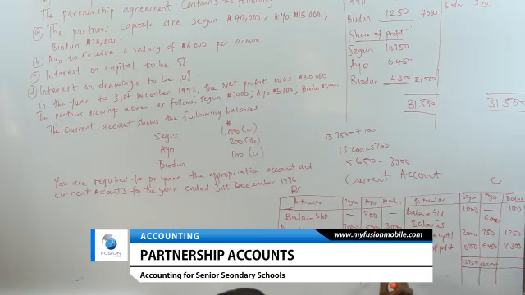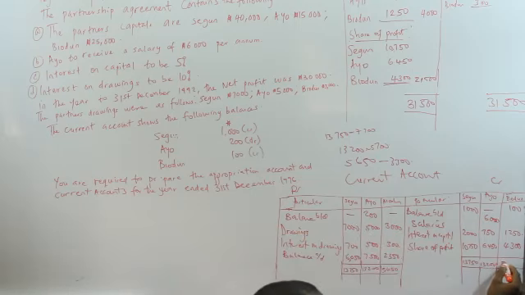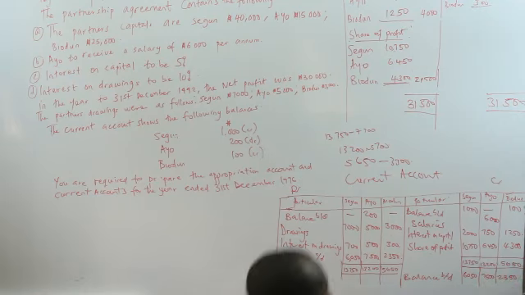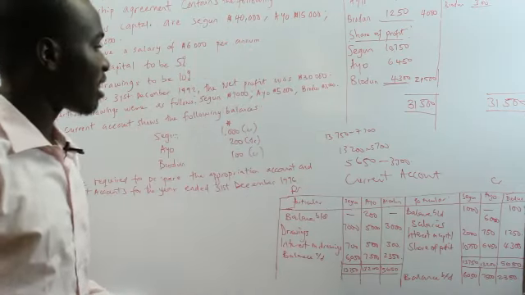So we have 5,650 here. So we have a balance account. So we can have balance brought down here. So we have 6,050 naira. We have 750. We have 2,350. So that's all about the current account of the partnership.